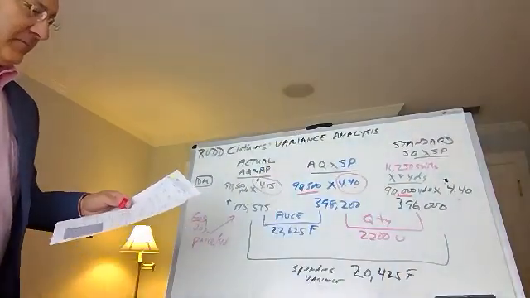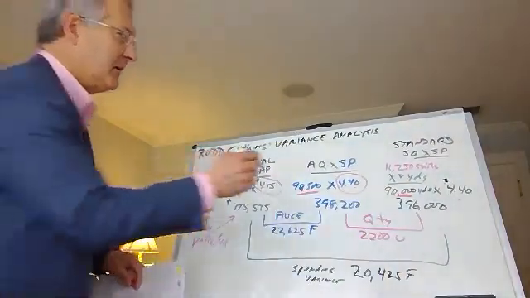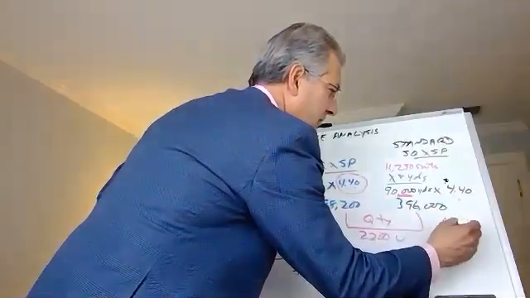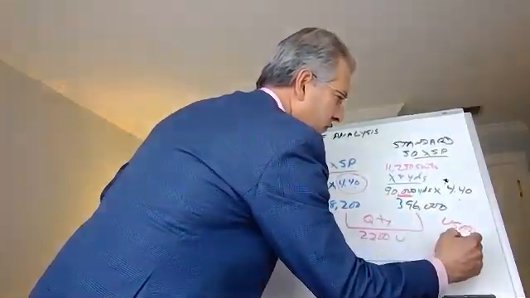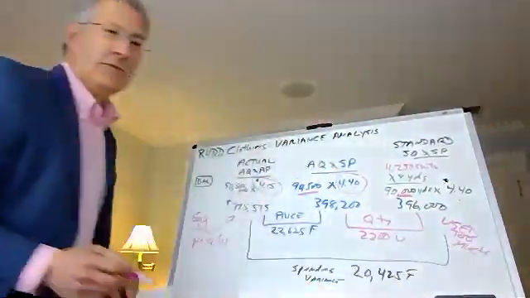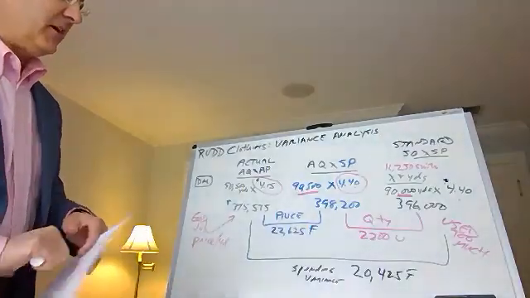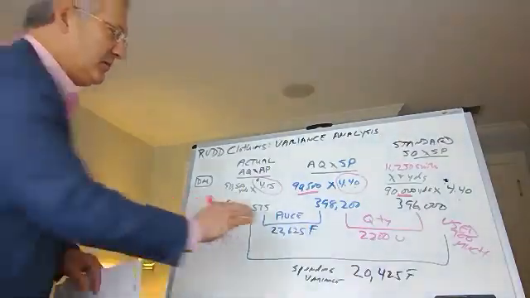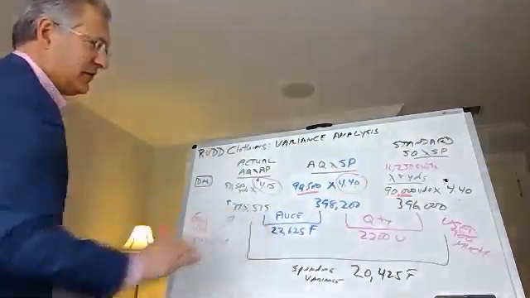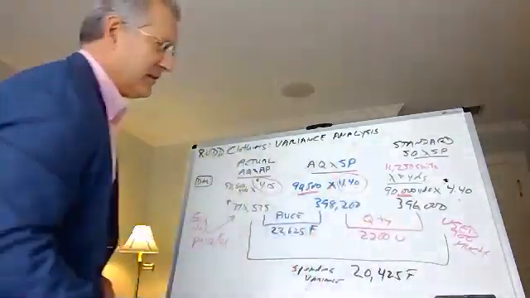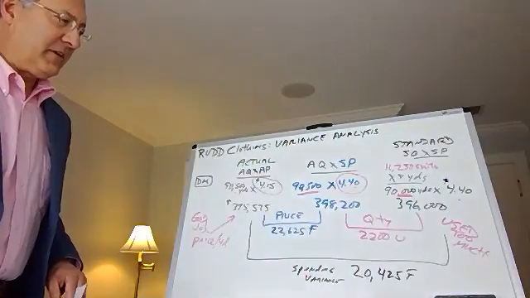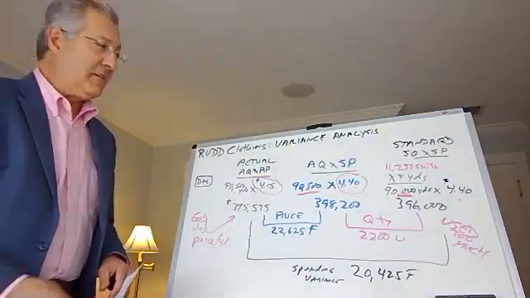Unfavorable variance. So what happened here? They used too much material here, hence unfavorable. The two variances should net out, 22,000 favorable, 2,000 unfavorable. Overall spending variance, $20,000 favorable.